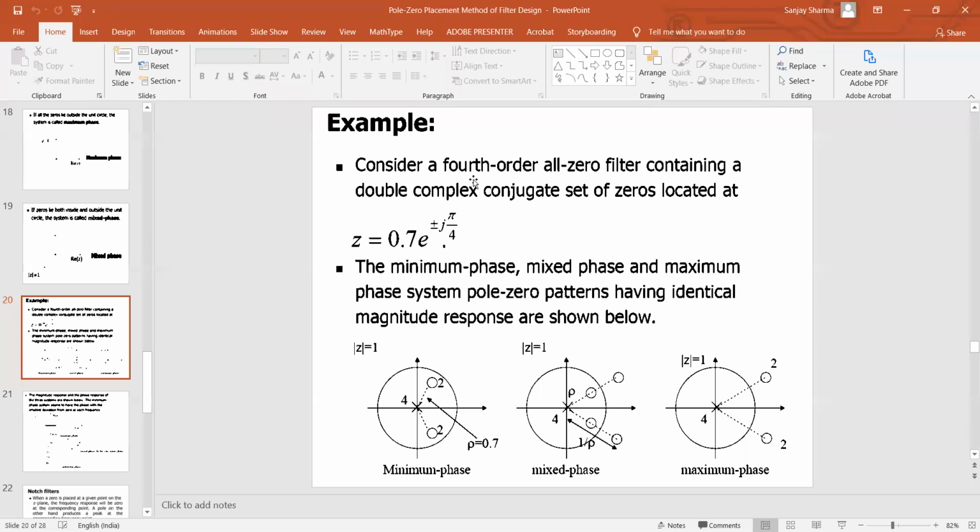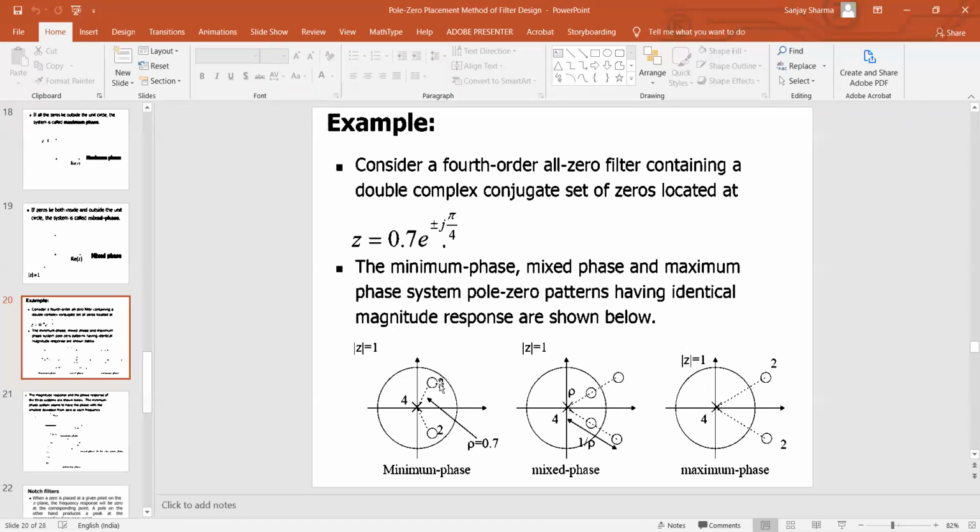Okay, let us try to see this problem. Consider a fourth order all zero filter containing a double complex conjugate set of zeros. So two sets of zeros are there, right? Located at 0.7 e to the power plus minus j pi by 4.